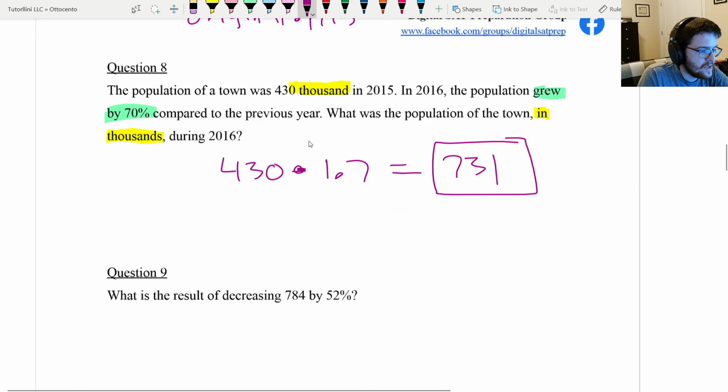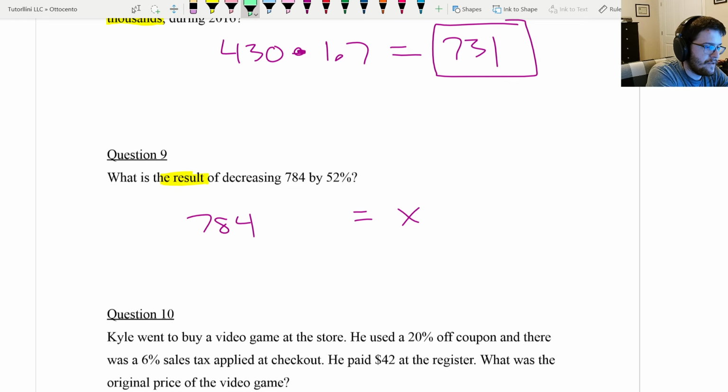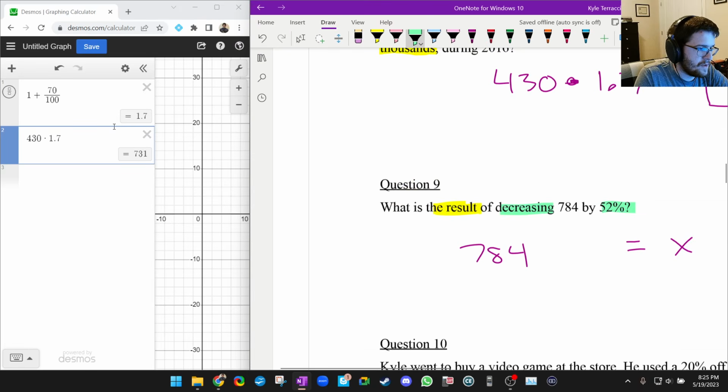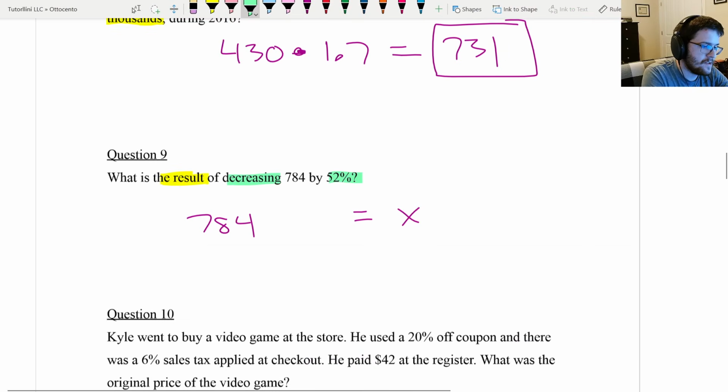Great. Okay, same kind of deal with this one. So the final, we don't know. We want to find what is the result. So we can call that x. The original is 784. And we're doing a 52% decrease. So let's see what a 52% decrease is. 1 minus 52 over 100. That's 0.48.